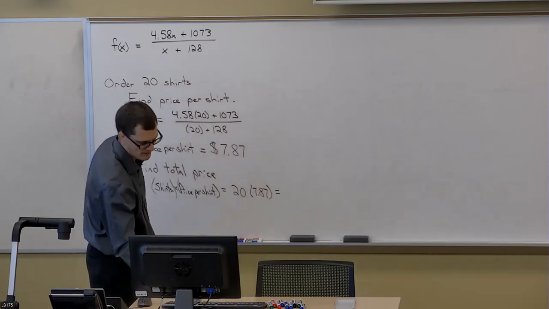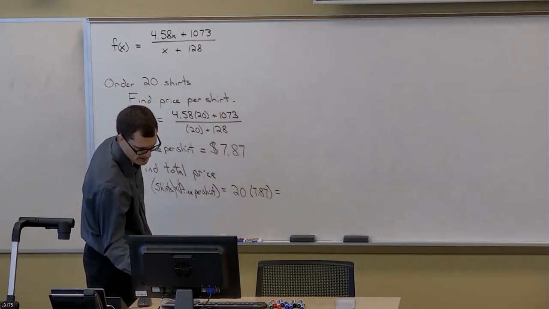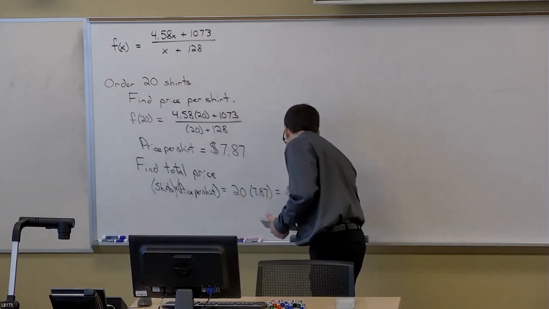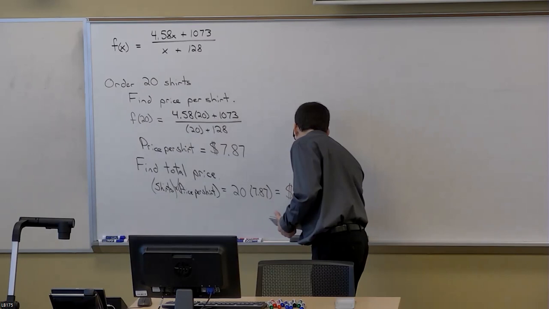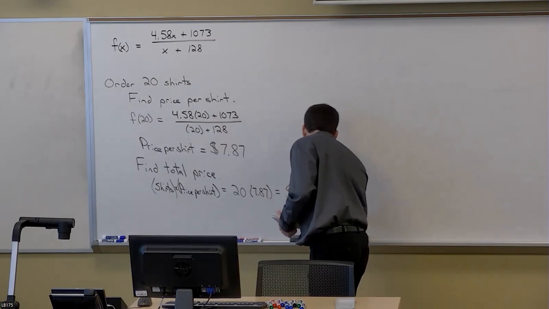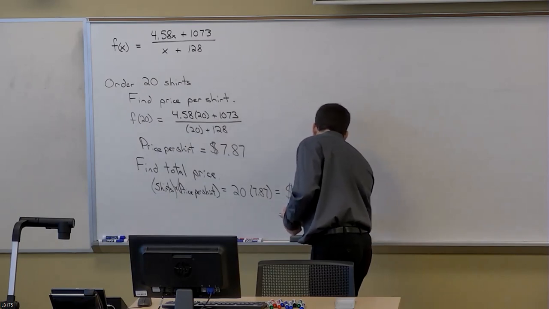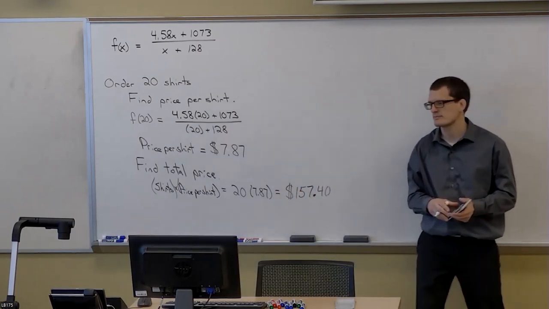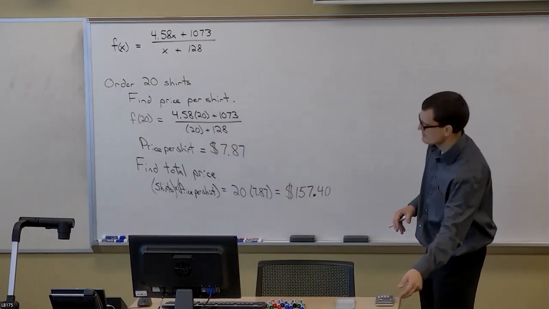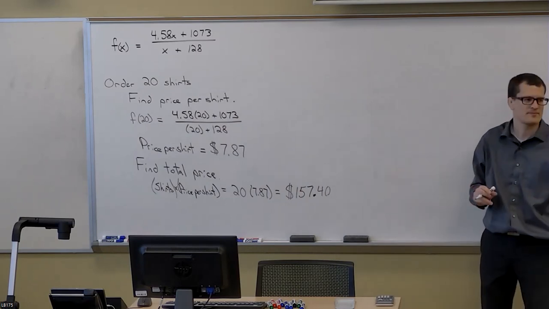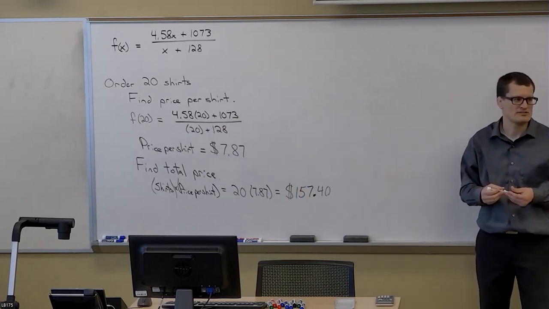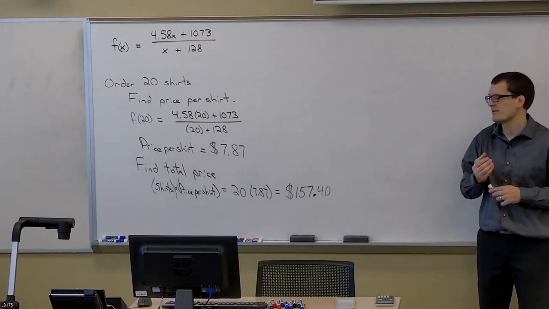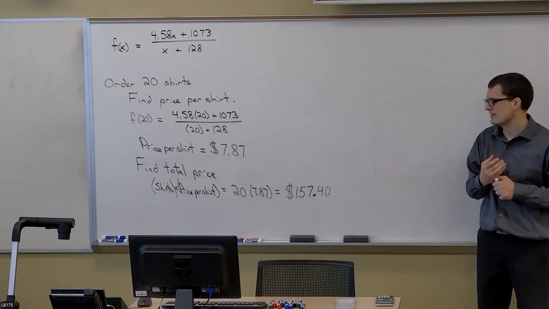Is that okay? And when I did that, I got $157 and 40 cents. Is that right? So total price is just 20 times that price per shirt, $7.87.